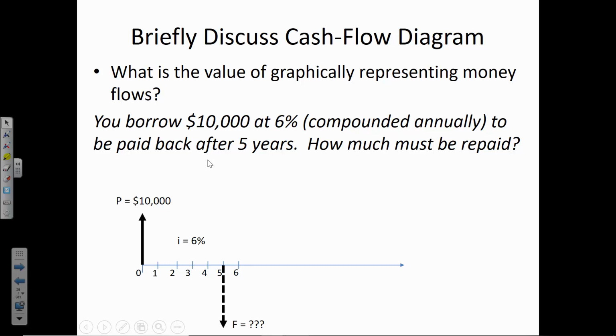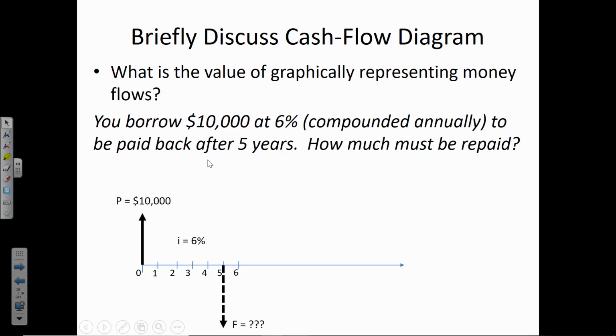So this is just an efficient way to illustrate problems, especially when they get more complicated. When there are random amounts in various years and a lot of moving parts, the sketch is a nice way to summarize in one place everything that's happening. Whereas with a lengthy paragraph of text, you may forget about some aspect of it. The cash flow diagram is just a way to tie it all together in one spot.